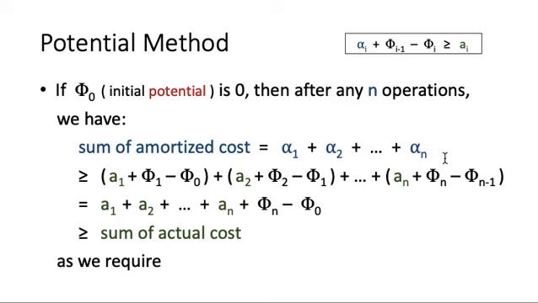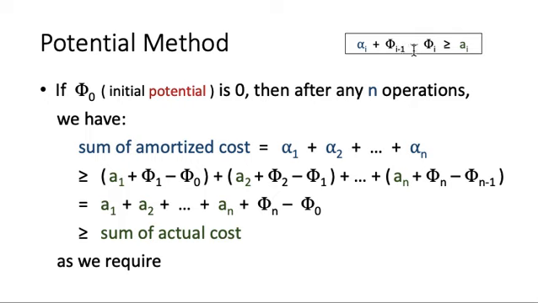This is the total amortized cost. Using our relationship for how we set alpha_i, we know that this is greater than or equal to the sum of a_i plus phi of 1 minus phi of 0.